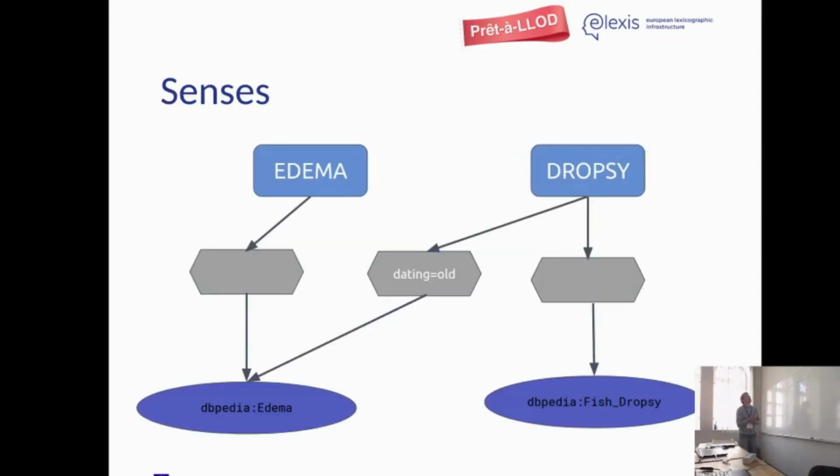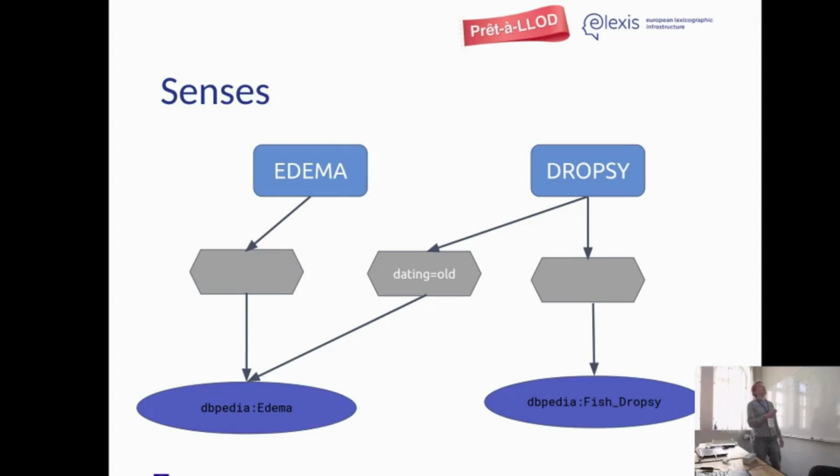We also want to do the same thing with meanings. Instead our meanings refer to a particular concept, so we can say we have our DBpedia edema as our concept here, and our entry here as edema, and we can introduce a link. When we talk about dropsy, dropsy is actually quite an old-fashioned term, even among lay usage. So we might want to tell our computer somehow that this is an old-fashioned sense, whereas dropsy generally now refers to a disease of fish.